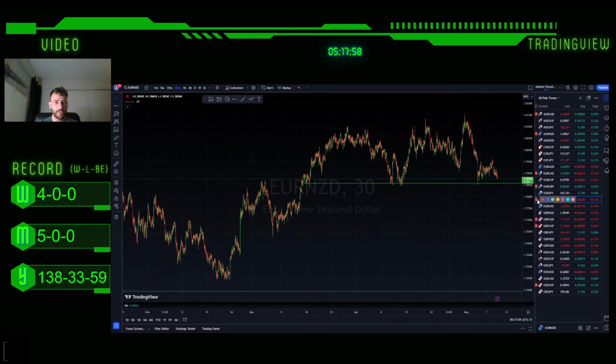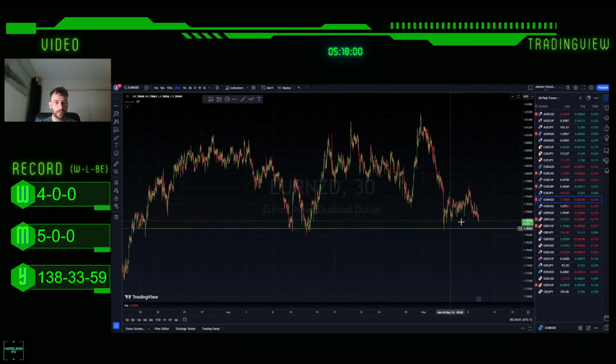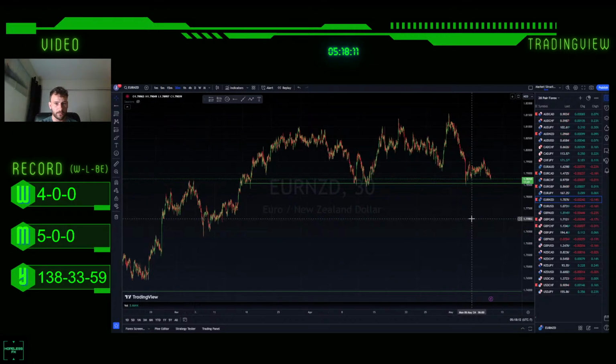This one, EURNZD, I am somewhat interested in price coming down here and getting an opportunity for price to correct. So we'll add it to our watch list.